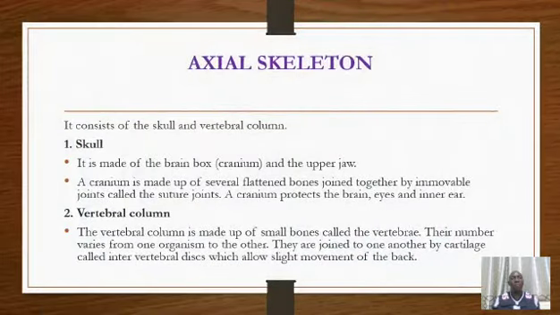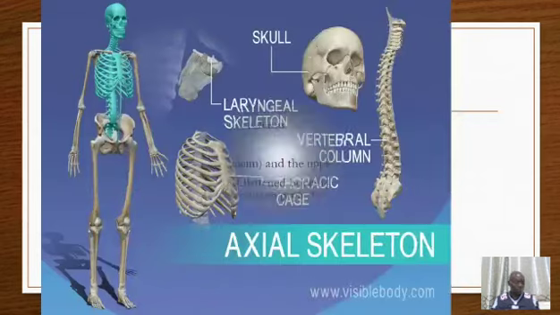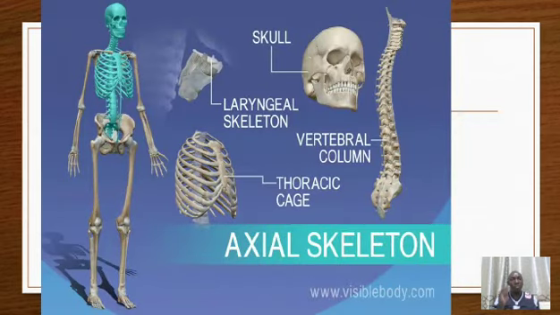Then the axial is also made up of the vertebral column. Remember, we've said that the vertebral column is made up of a series of bones called vertebrae that attach to each other, forming a column of vertebrae, hence the term vertebral column. Each small bone making up the vertebral column is called a vertebra.